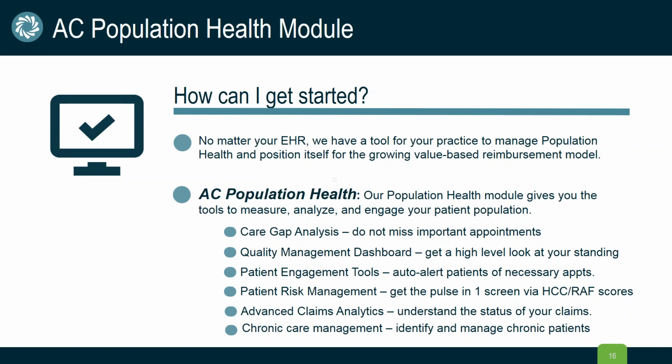Let's see, and how easy is it to get started? So the population health product has a number of individual components which can be used together or individually, and you can actually reap pretty significant benefits from using any one individual piece.